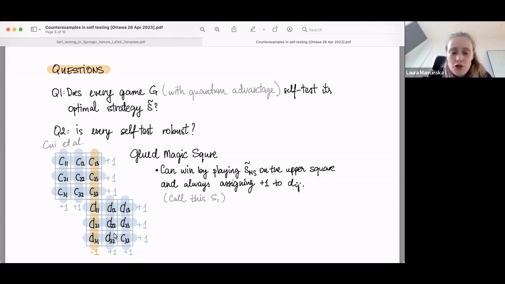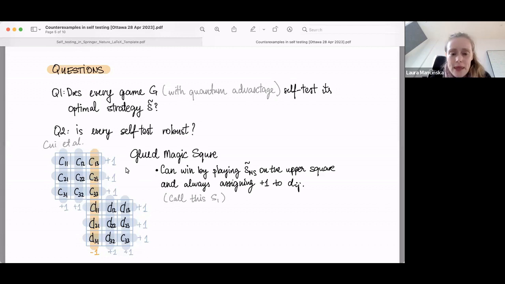So this is also a game that you can win perfectly quantumly, but you can't win it perfectly classically. You can build a perfect quantum strategy for this game from a strategy of magic square.